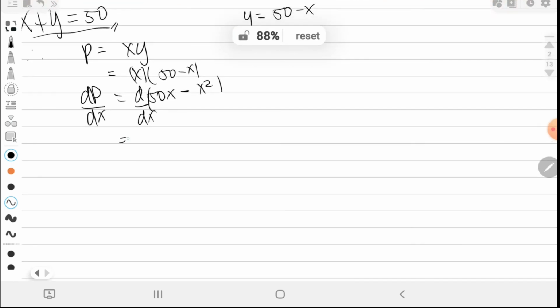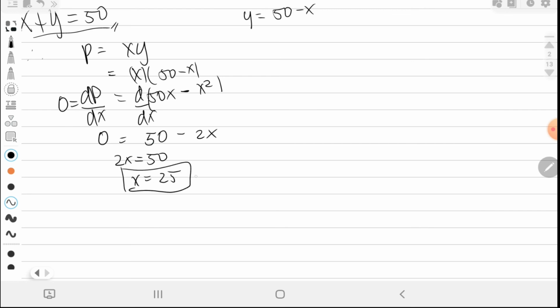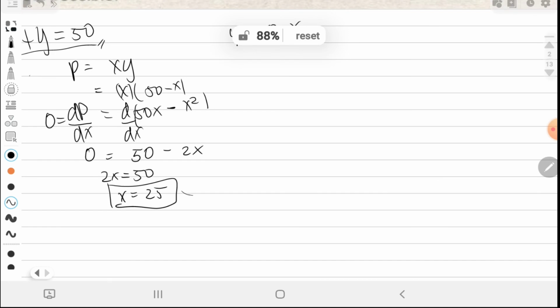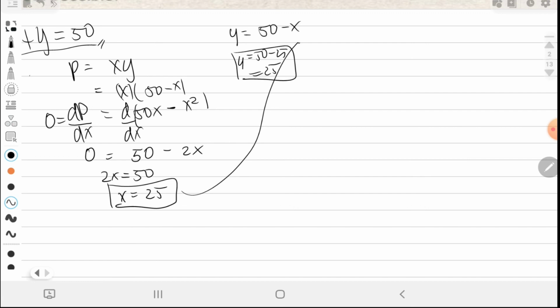So, I will have a value equal to 50 less 2x. Since, para makuha natin yung maximum, set natin to 0. So, therefore, we have 2x is equal to 50. So, therefore, x must be equal to 25. So, since x is equal to 25, substitute natin siya sa y. So, therefore, we have y is equal to 50 less 25. We have a value equal to 25. Okay? So, yan.